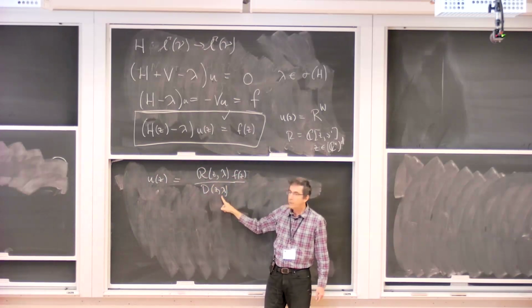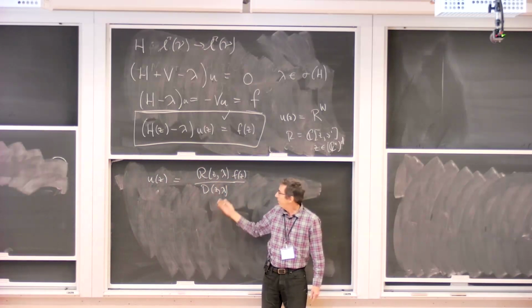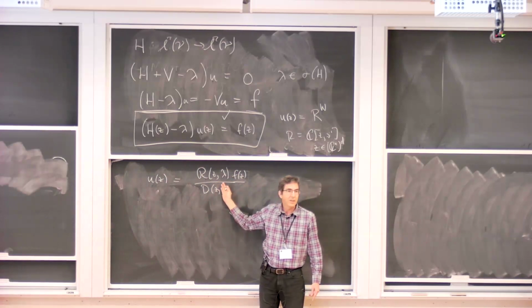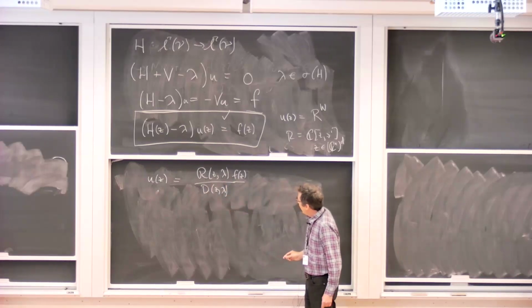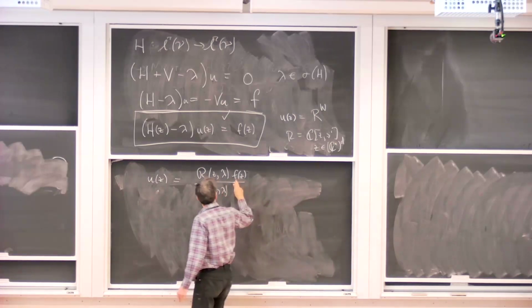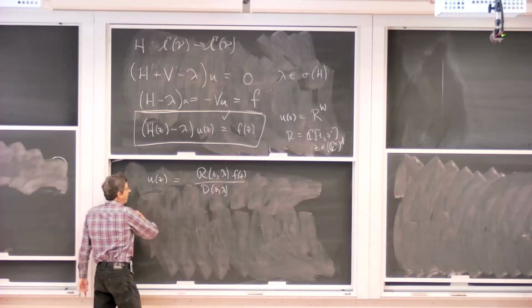And then this is the determinant, which we call the dispersion function. This is the object whose zero set is called the Bloch variety. And if you fix a particular lambda, then that's called the Fermi variety. Okay, that's what the D was. And so here's the forcing, and here's the response.